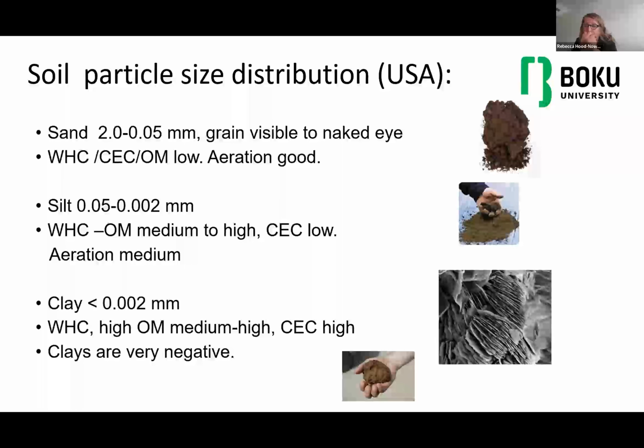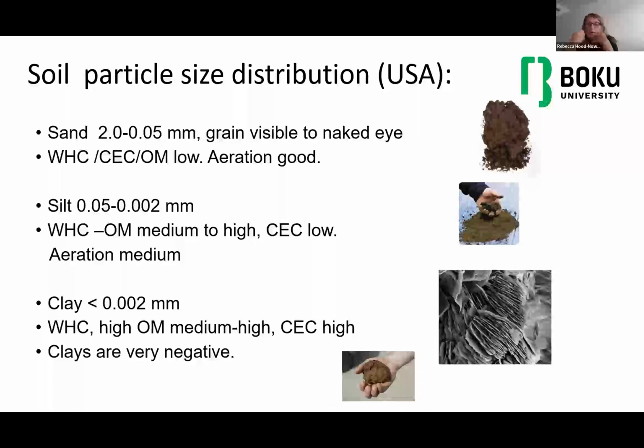And clay, on the other hand, clays are tiny. I'll show you a picture in a minute. The clays are made up of lots of lamellae, a bit like a book with many, many pages. Each of those pages is covered in negative charge, which means it has very high cation exchange capacity, so they hold cations very well, things like potassium or ammonium.